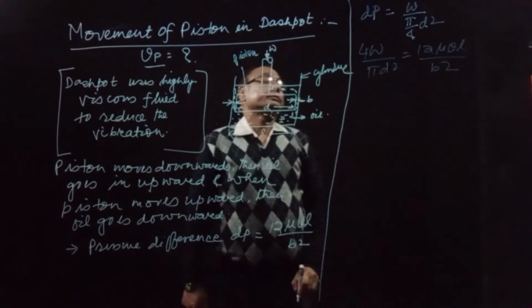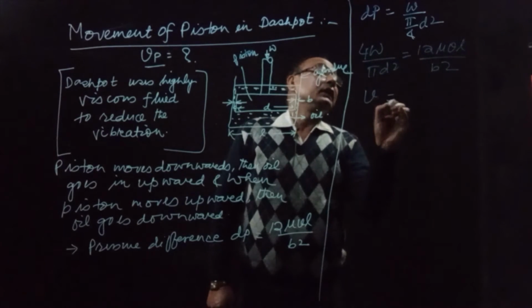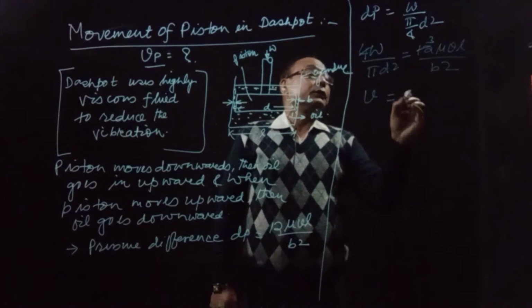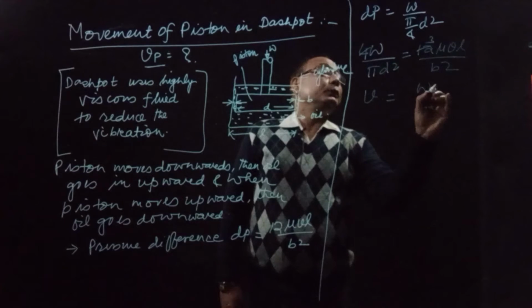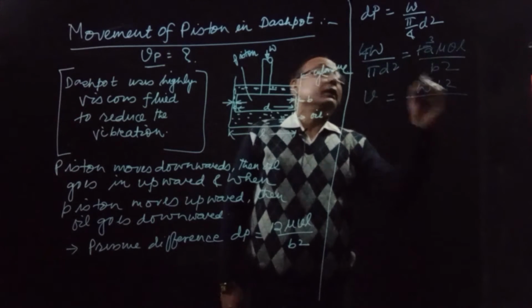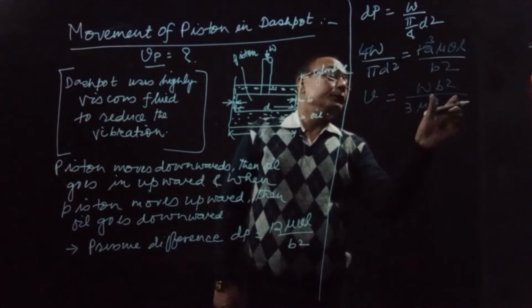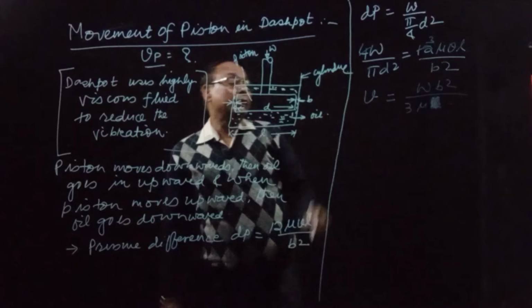Now we have to find out V. So V is equal to W B square by 3 pi mu L d square. This is the velocity of the oil.